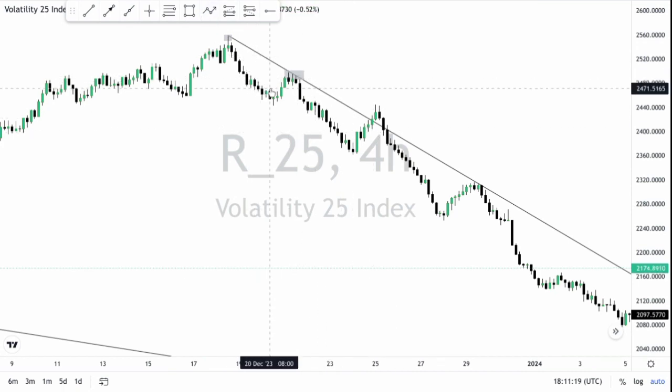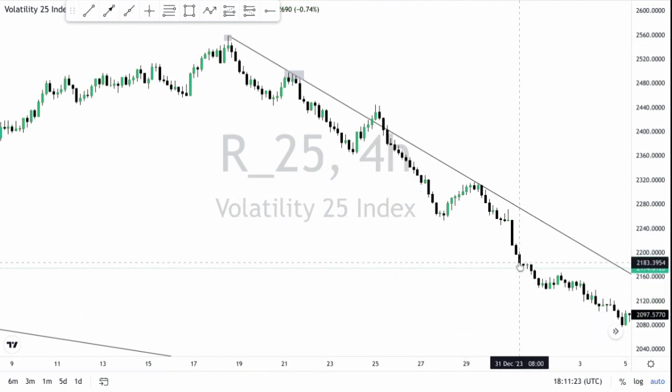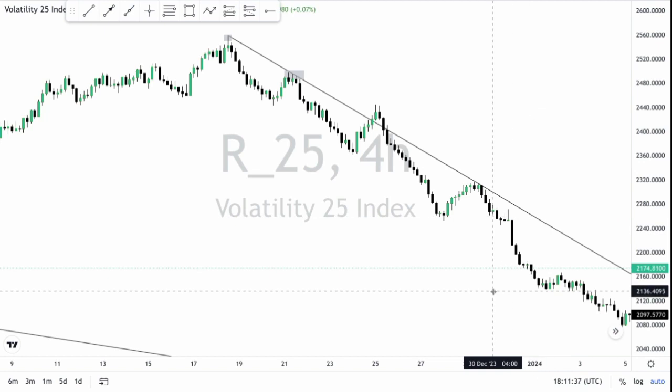As you can see, it touches here, touch here, continuously touching the line going down. The moment the market breaks this line and comes above here, then we know we have changed the market structure into a bullish trend, right?